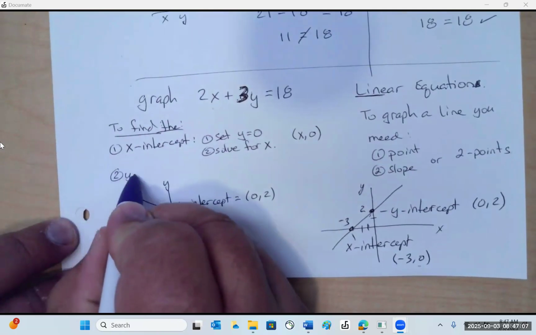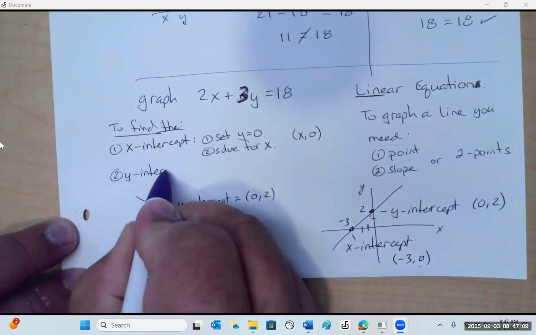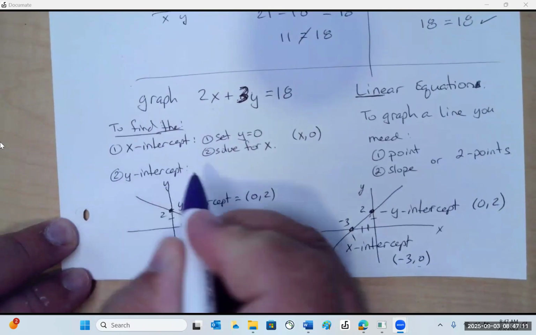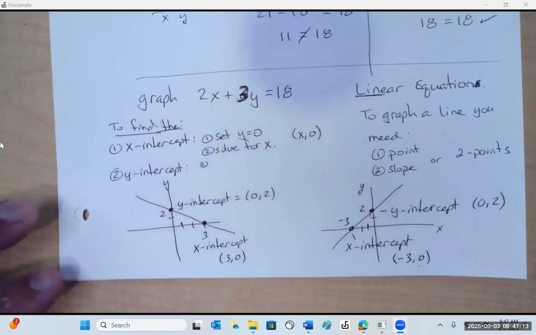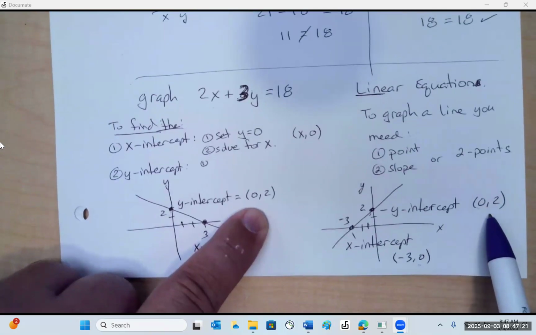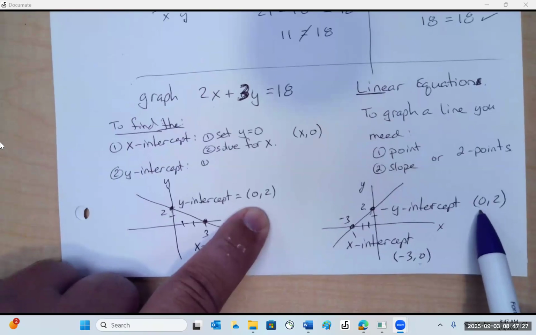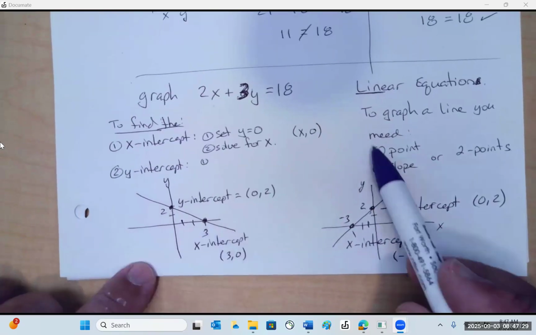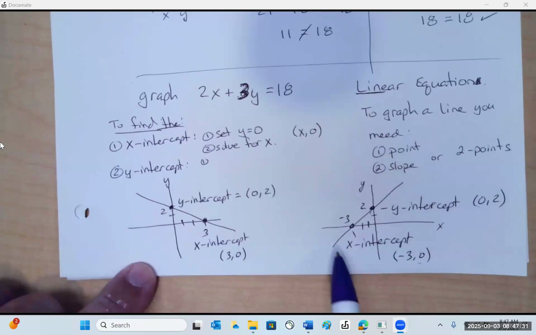To find the y-intercept, what do we notice about the y-intercepts? There's no x in front. So the x values are 0. Because notice, on the y-axis, there are no x values.